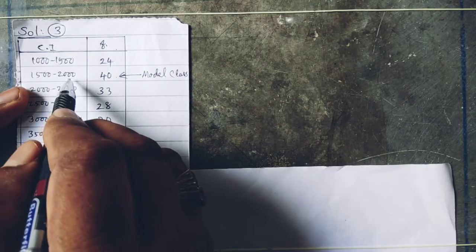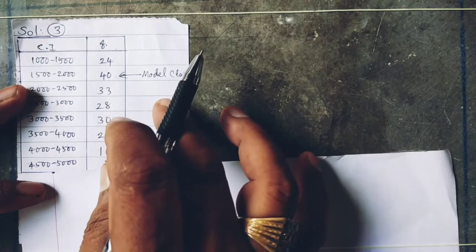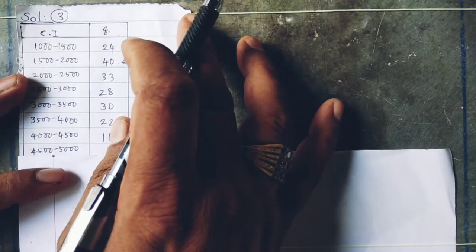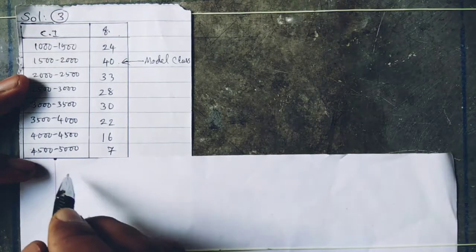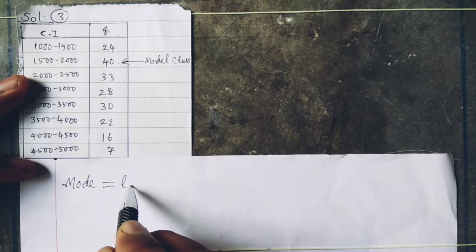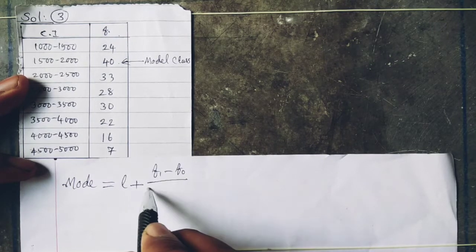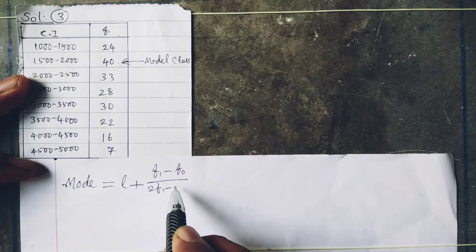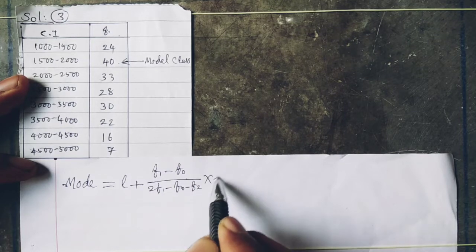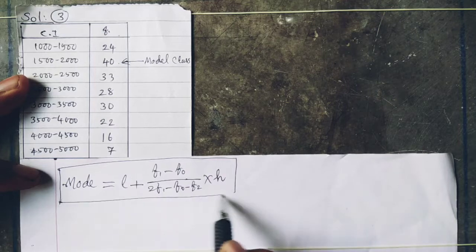1500 to 2000 is the modal class. Based on this, we can find the mode of the data. Mode is equal to L plus (F1 minus F0) by (2F1 minus F0 minus F2) into H. This is the formula to find the mode.